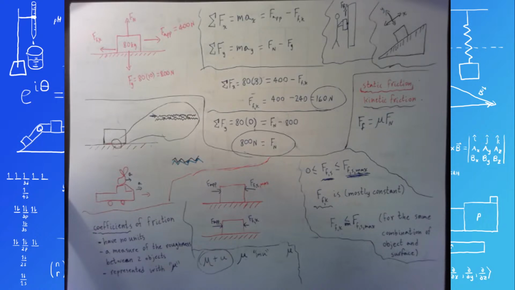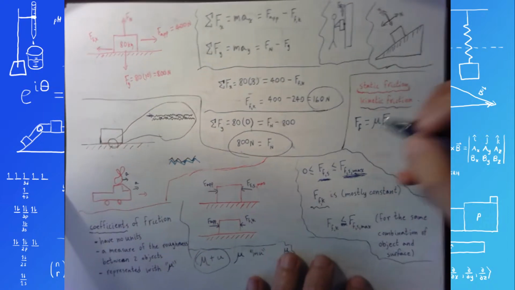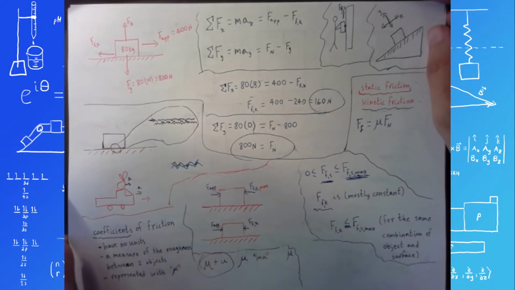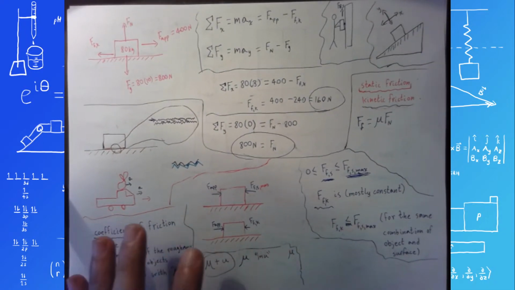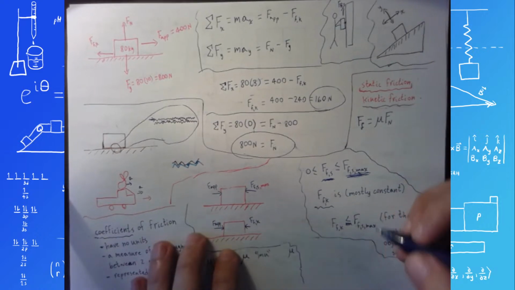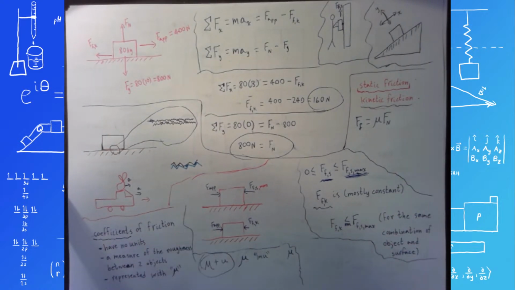Okay, so this coefficient of friction for an object that starts at rest relative to a surface, this coefficient of friction, and let me switch colors here because it's been a while. Let's do orange.